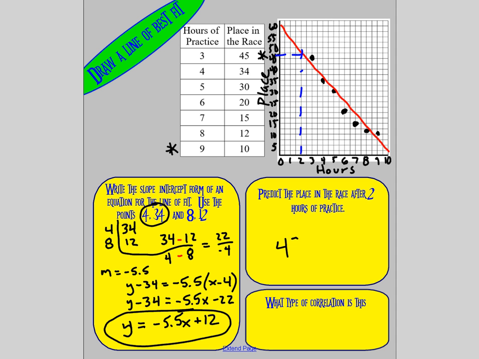What type of correlation is this? I would say this is a negative correlation because it's going down. Let's go ahead and look at our next problem here.